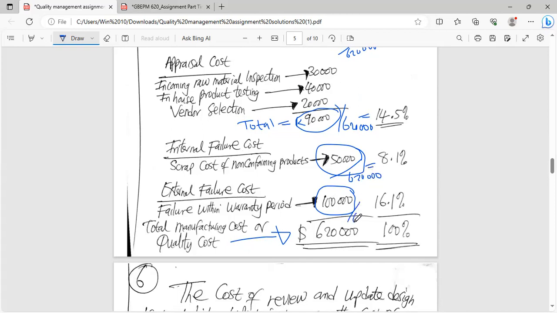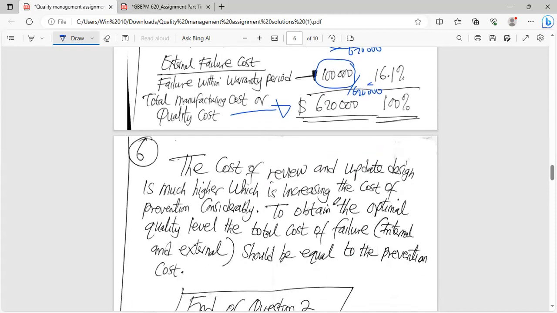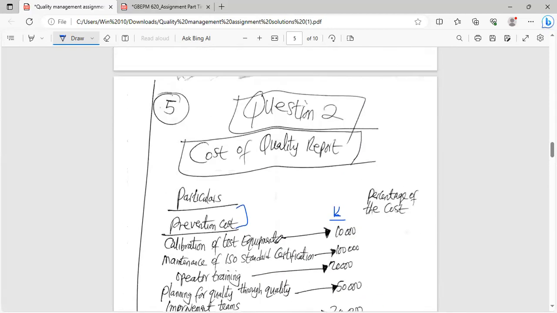This one by 620, we are getting the 16.1%. All right, so meaning that the cost of review and update design is much higher, which is increasing the cost of prevention considerably. To obtain the optimal quality level, the total cost of failure, internal and external, should be equal to the prevention cost. So this is the review of this question 2.